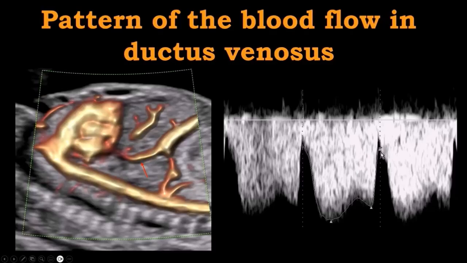But take a mental note that during the entire cardiac cycle, the blood flow in the ductus venosus is directed towards the heart and should not be negative during atrial contraction or go down to the baseline. So reversal of flow during this time would be considered abnormal, and I will show you some examples in a second.